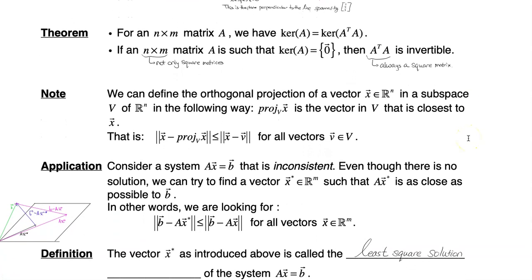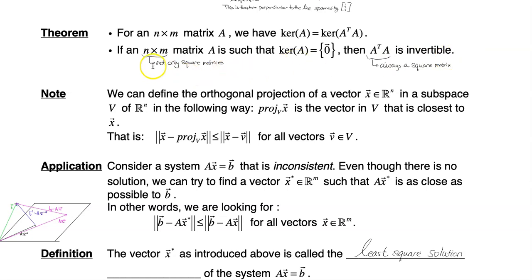We are not going to prove the next two theorems. For an n by m matrix A, the kernel of A is equal to the kernel of the transpose of A times A. And then, even more important, but it proceeds from that, if a matrix A is n by m, and if the kernel is 0, then A^T times A is invertible.